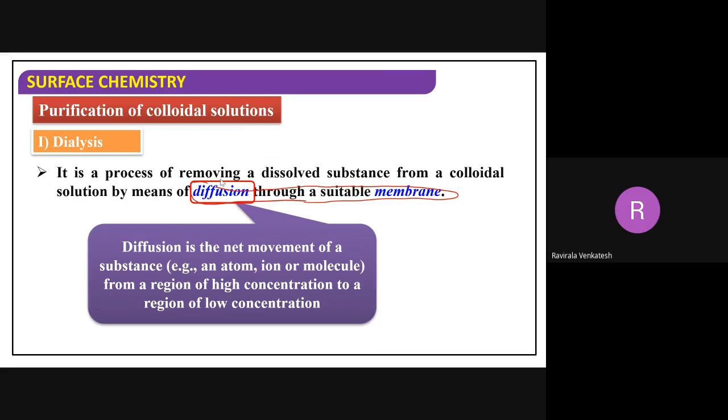Diffusion is the net movement of substances, which may be atoms, ions or molecules, from a region of high concentration to low concentration. This is called diffusion.